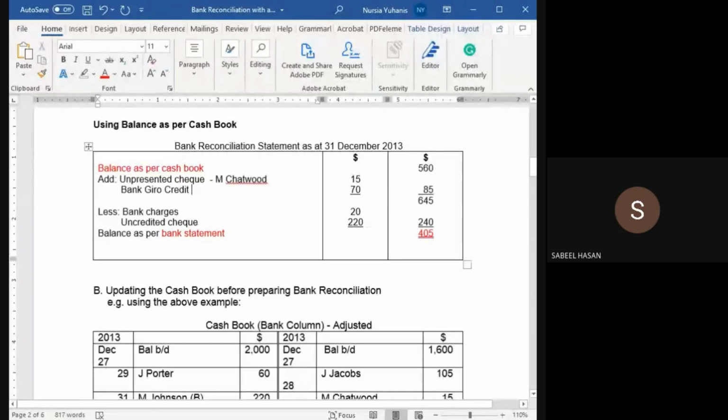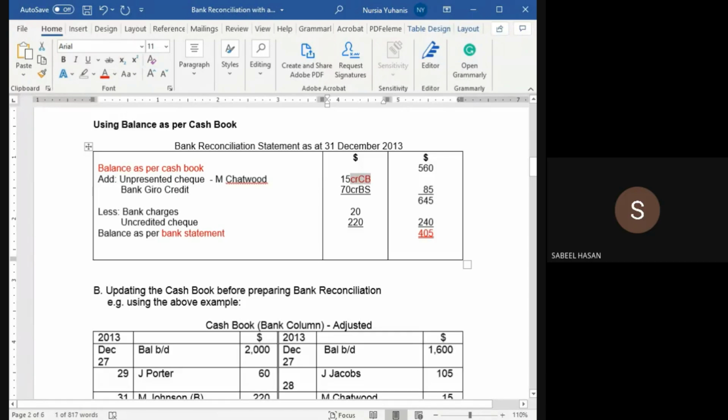Okay, how to know that this one is under add? So this one is credit side on cashbook, and this one is also credit side but bank statement. Okay, this one is cashbook. Alright, next one I put in red.